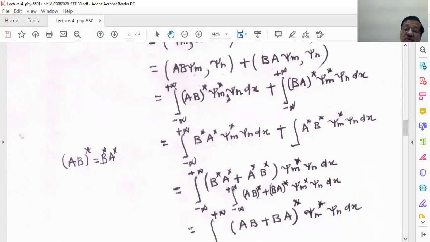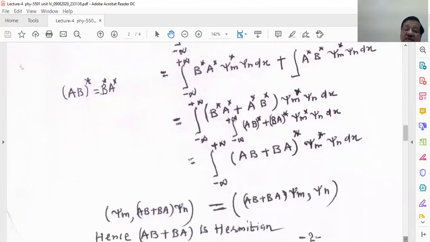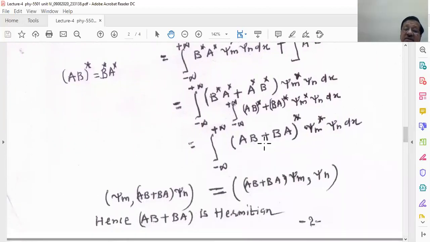This is known to you. It is simply the complex conjugate of (AB plus BA) ψ* ψ dx. And now you see this is nothing but the condition.